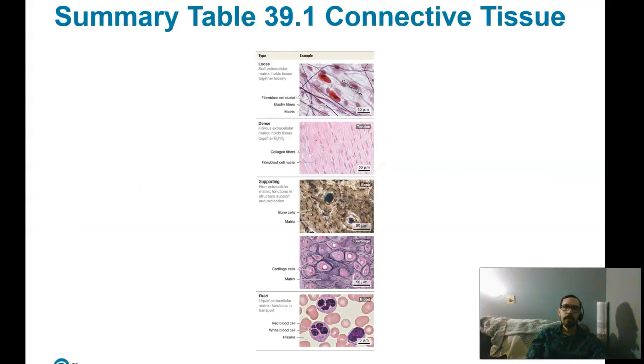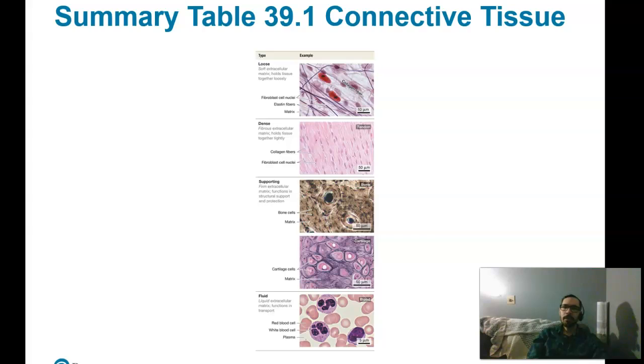Okay. So the connective tissue, you can see that there are many types. So we have the loose connective tissue, where the extracellular matrix is more jelly-like.